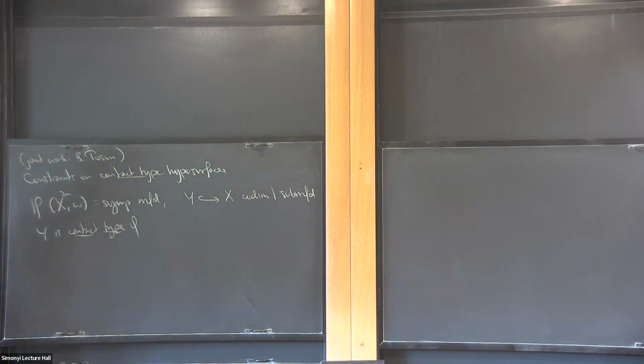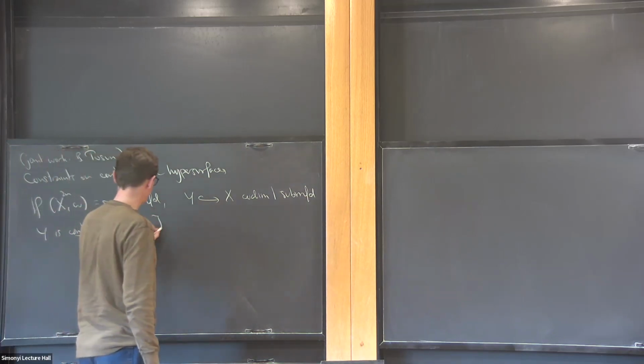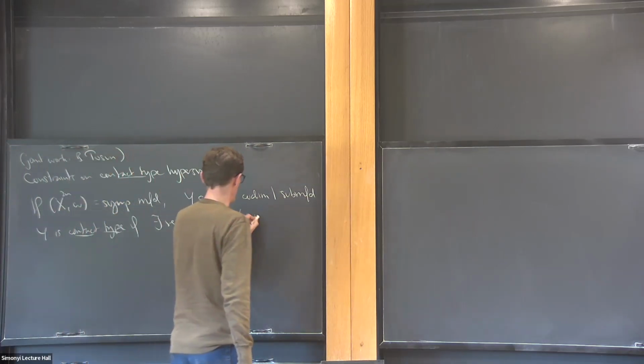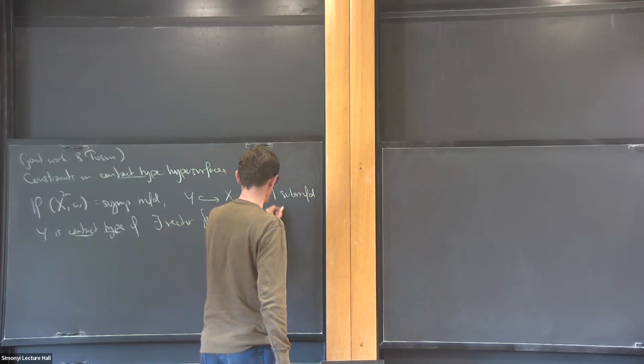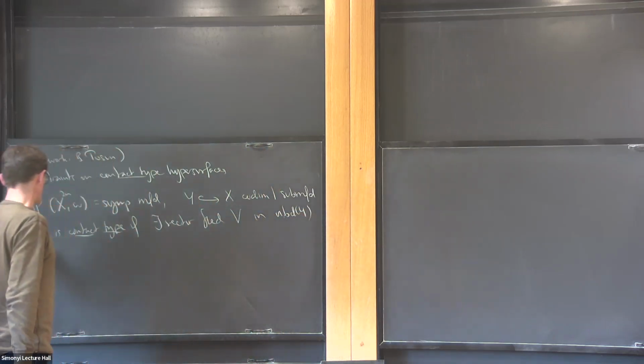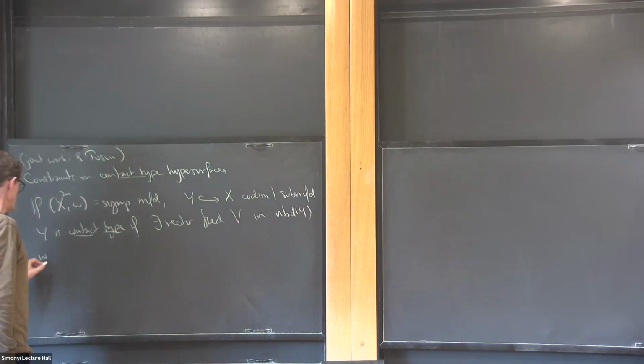There should be a vector field, say defined in some neighborhood of your submanifold, which should satisfy, I guess, a couple of properties.